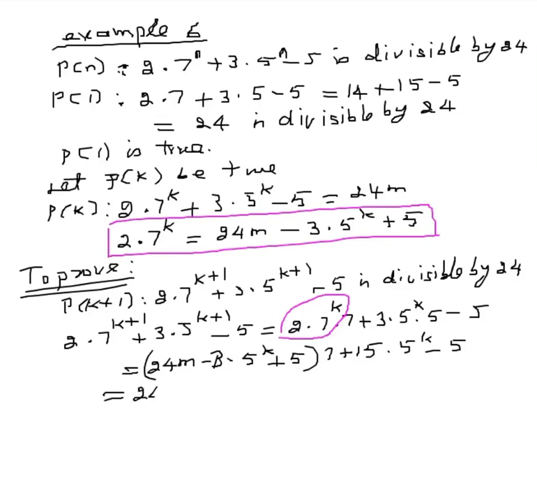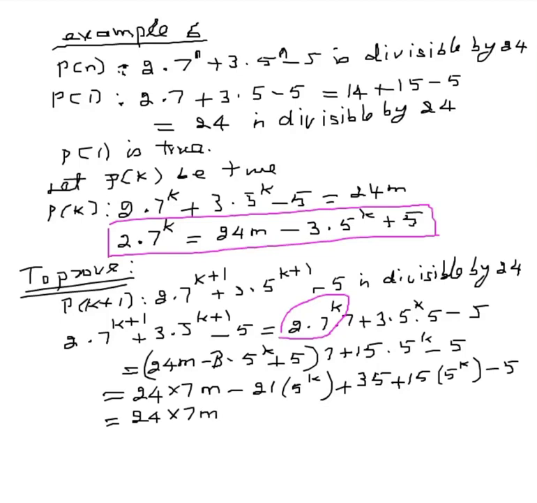Let us multiply and write 24 into 7m. No need to multiply 24 and 7 because we have to take 24 out. And this is 7 threes are 21 times 5^k plus 35, plus 15 times 5^k and minus 5, equal to 24 times 7m.